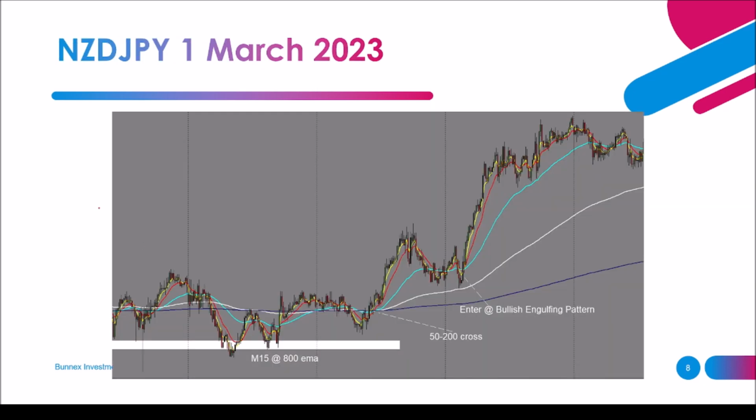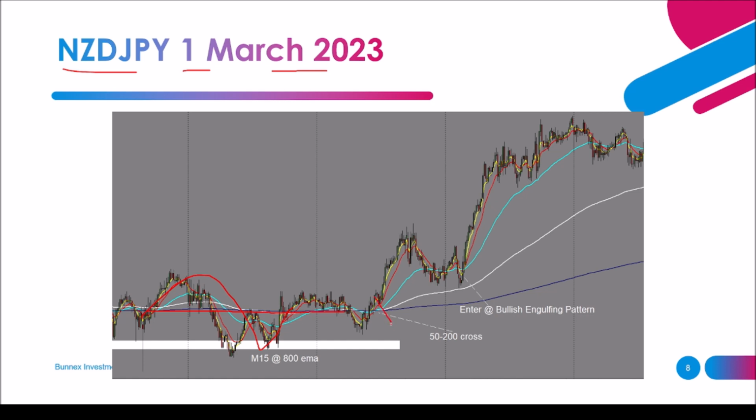So the first example is coming from NZDJPY that occurred on the 1st of March 2023. I've put these dates so that you can go back in history and see this on live charts. We can see that the market was at the 800 EMA. It was not as perfect as we would expect it, but the market was chopping at the 800 EMA.